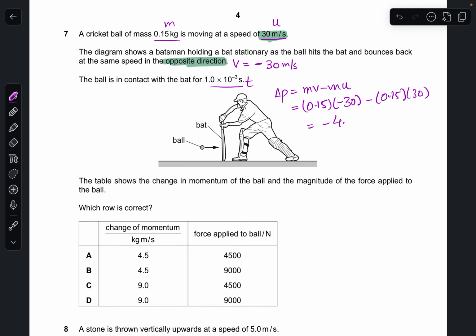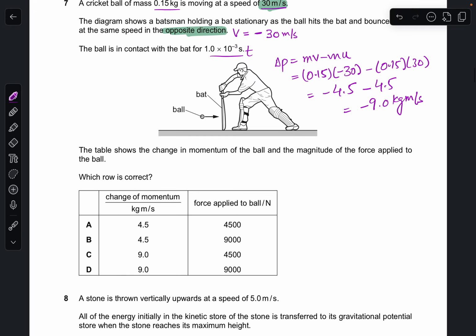This is minus 4.5, this is minus 4.5. So minus minus, they will be added up, minus 9.0 kg meter per second. Okay, change is change, whether it's positive or negative. So you get C or D, you have to choose one of them. So we have to find force.